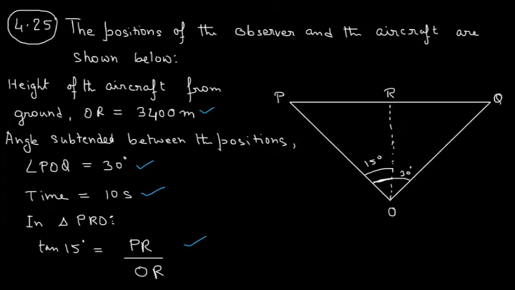Height of the aircraft from the ground OR is equal to 3400 meter. Angle subtended between the positions, angle POQ, is equal to 30 degree. Time is equal to 10 seconds. In triangle PRO, tan 15 degree is equal to PR upon OR.